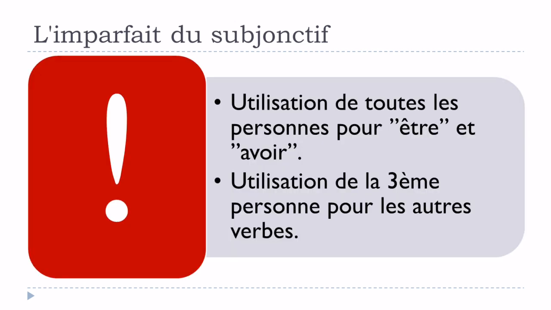And the other thing that you should keep in mind is that if we're talking about the verb être, to be, and avoir, to have, then in these cases you can see all the persons, okay? But in most of the cases for the other verbs, people will use only the third form, whether the singular or the plural form, but the third form, okay?